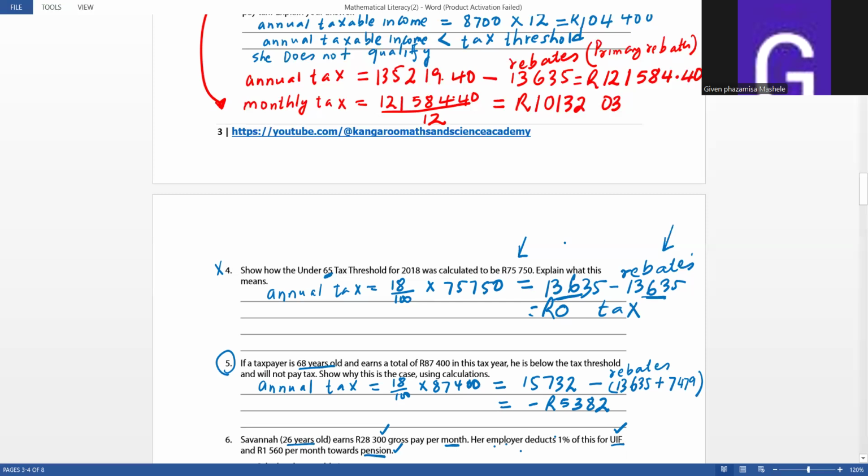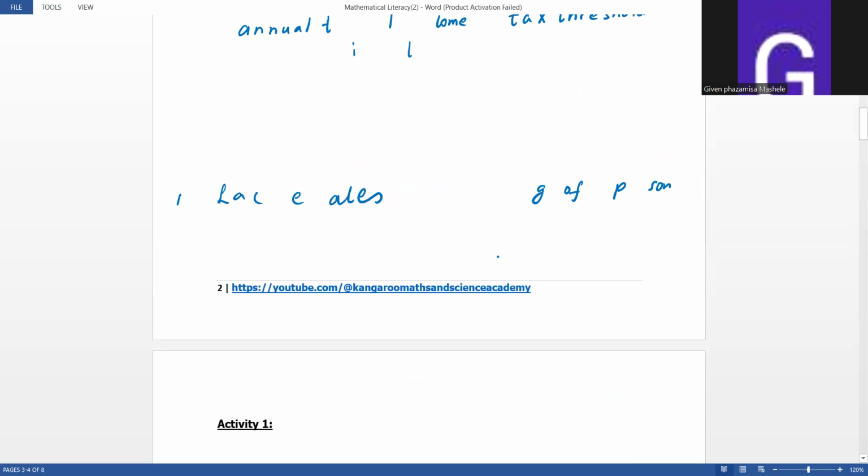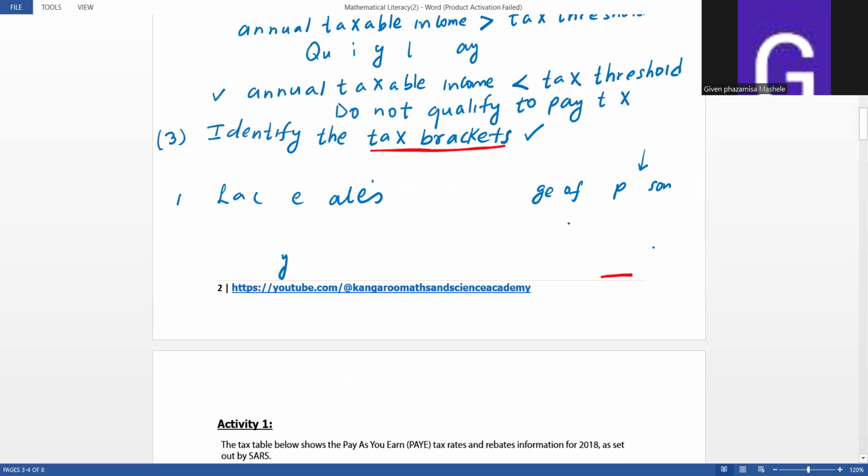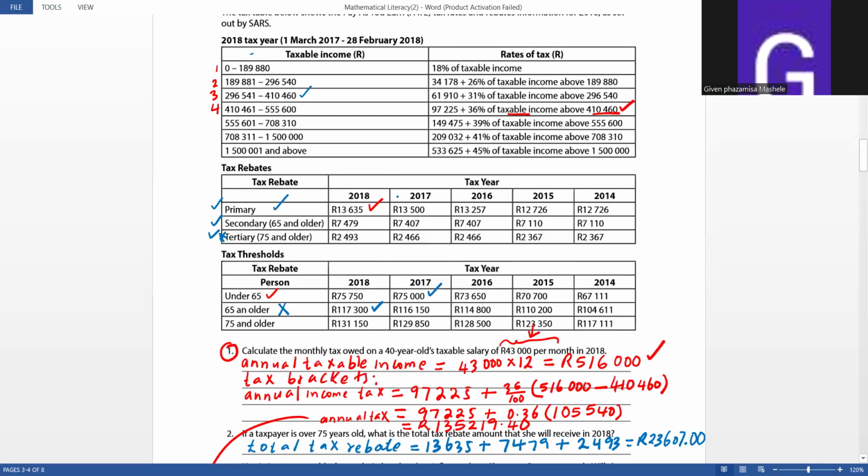The same applies to the one for 2017. It was also set according to the given tax rebate. This is how they determine the tax threshold, based on the rebates, so that no tax is paid at that threshold.